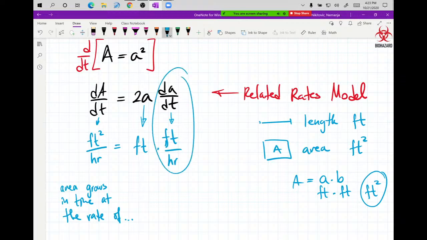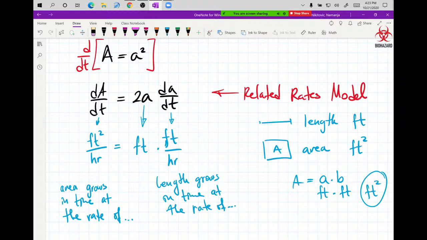Over here, length grows in time at the rate of blah, blah, blah, 0.1 feet per hour, right? So the units will always tell you what your variables are.